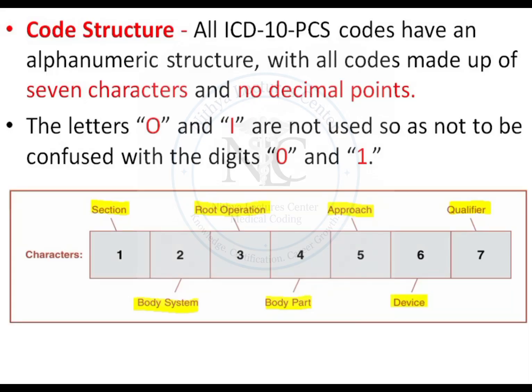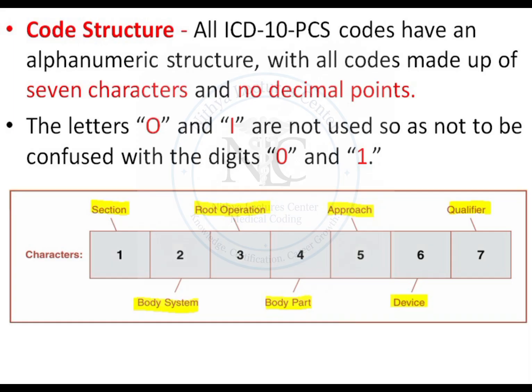Now let's see the code structure of ICD-10 PCS. It is an alphanumeric structure and it has 7 characters without any decimal point. This is the first point. And the second point, we don't have the letters O and I, so as not to confuse them with the numbers 0 and 1.